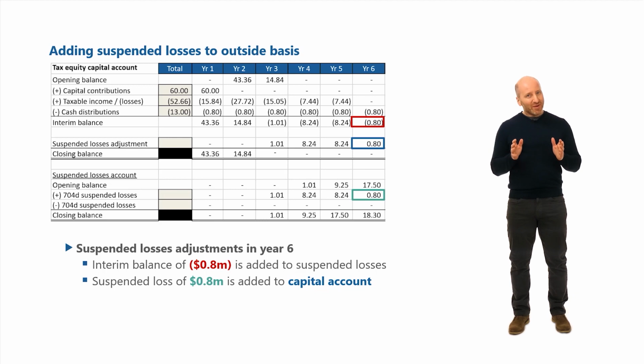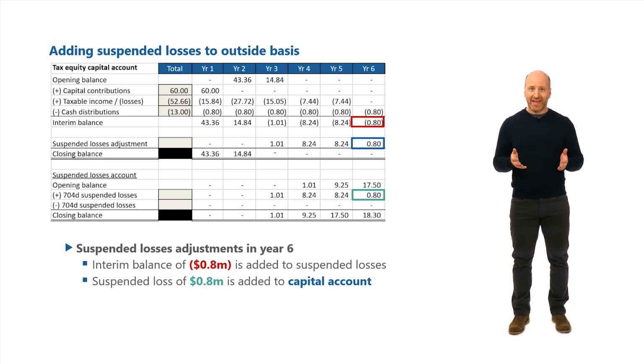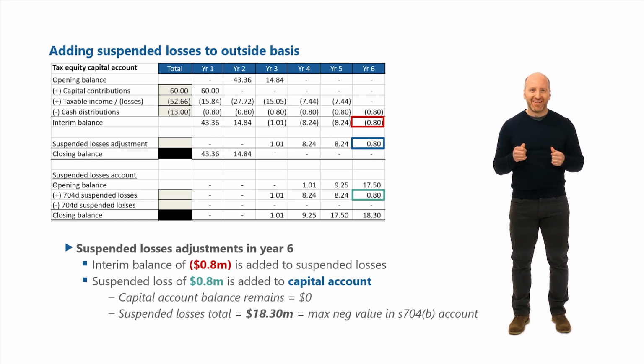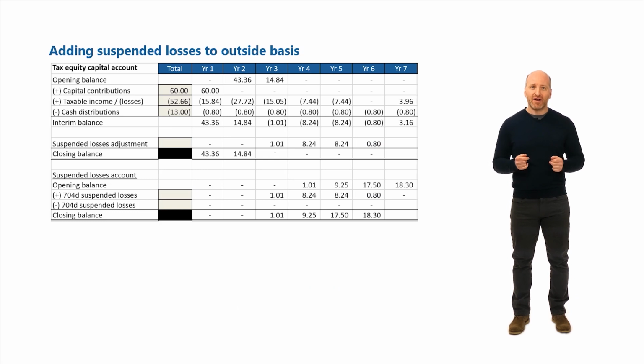And this 18.3 million should sound familiar. It's the maximum negative balance in the 704(b) capital account. Remember? But instead of allowing the outside basis to go negative, we built up our suspended losses to that equivalent amount.